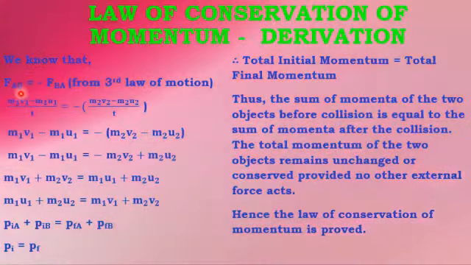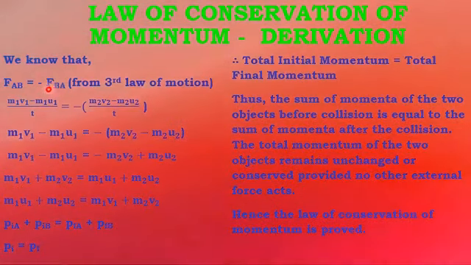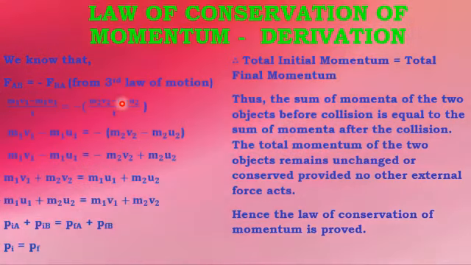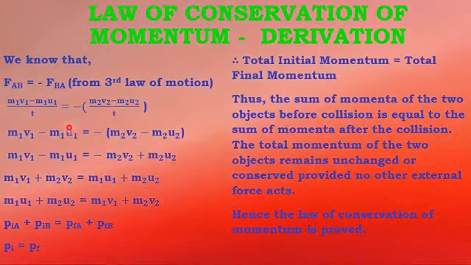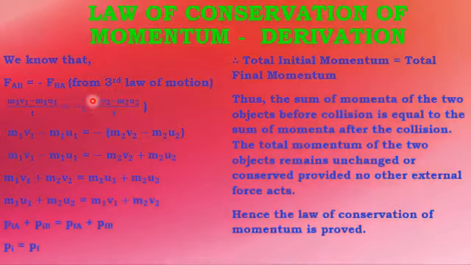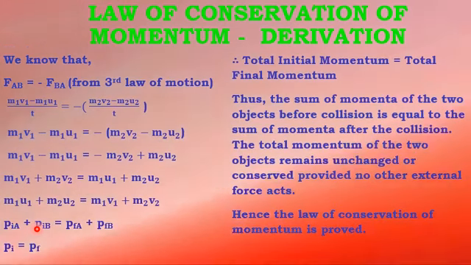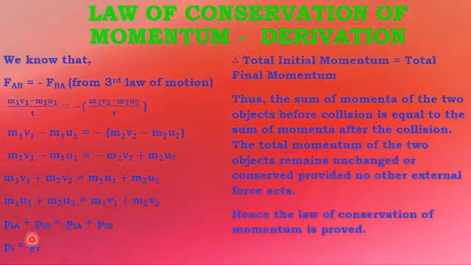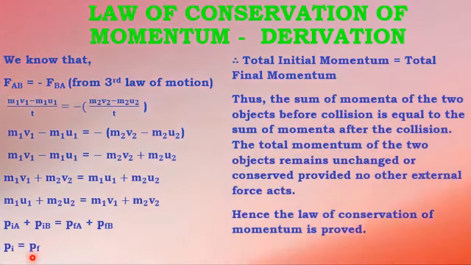We know that FAB is equal to minus FBA. Now that we have found FAB and FBA, you substitute in this equation, and you know that t is the same on both sides, so you can cancel t. By solving this, you finally come to the conclusion that the total initial momentum is equal to the total final momentum.